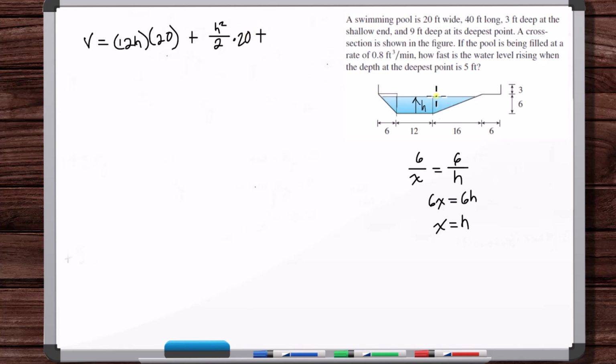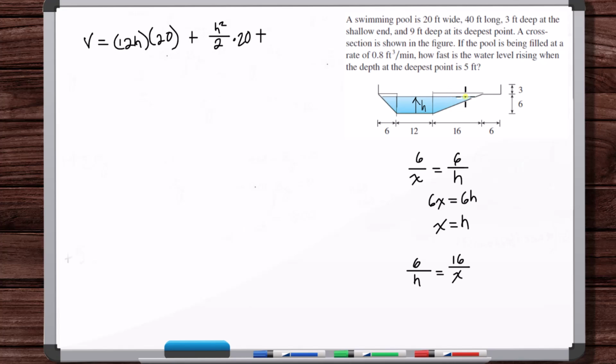Now the height times base, same deal here, so we need to use similar triangles again. We know this height is 6, this base is 16. So 6 divided by h is equal to 16 divided by x.